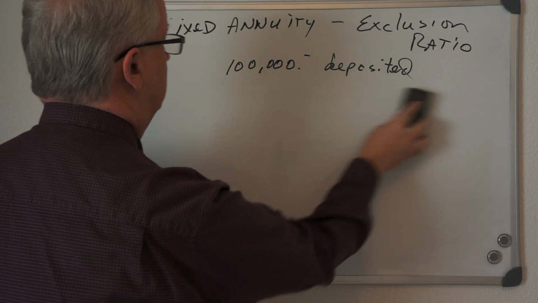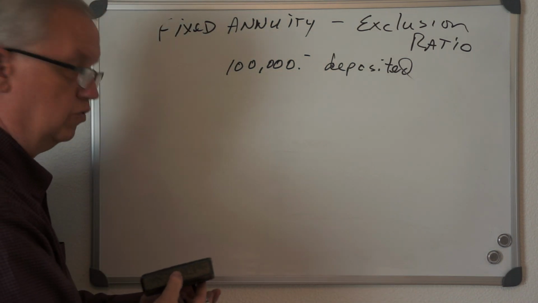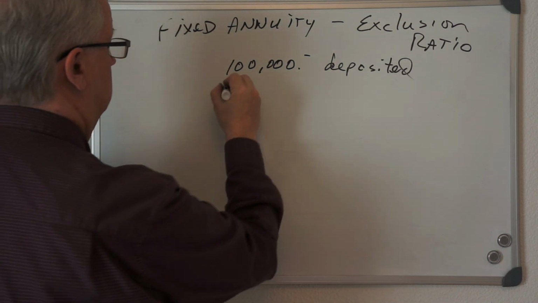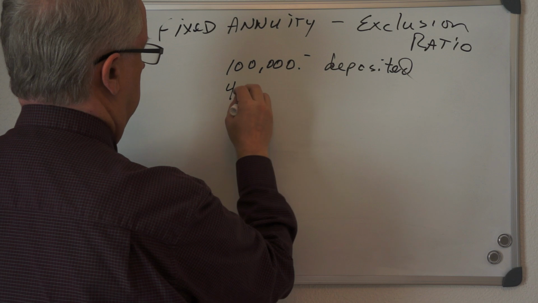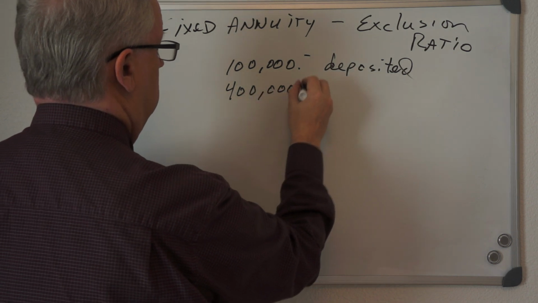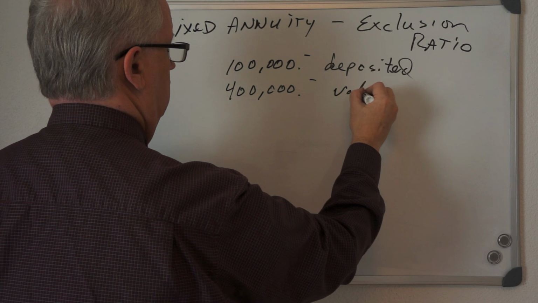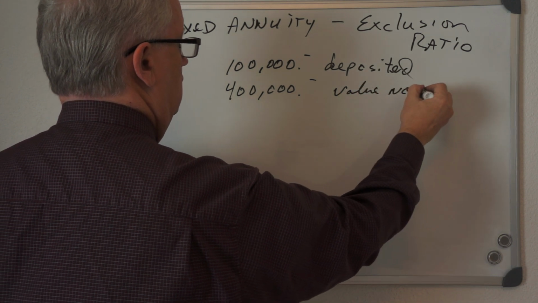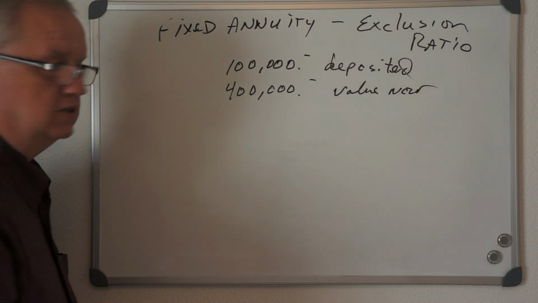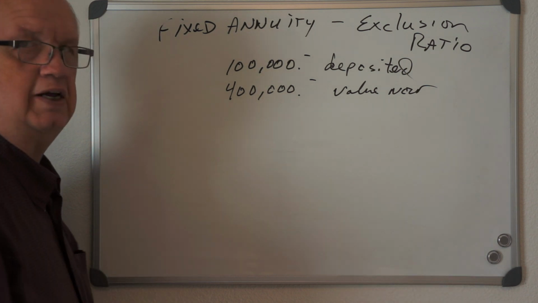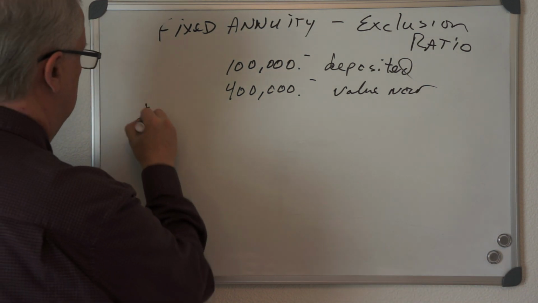But now let's say that he did. It grew back to $400,000. He now wants to annuitize. He calls up, he says, Greg, how much can I get? I say $4,000 a month.